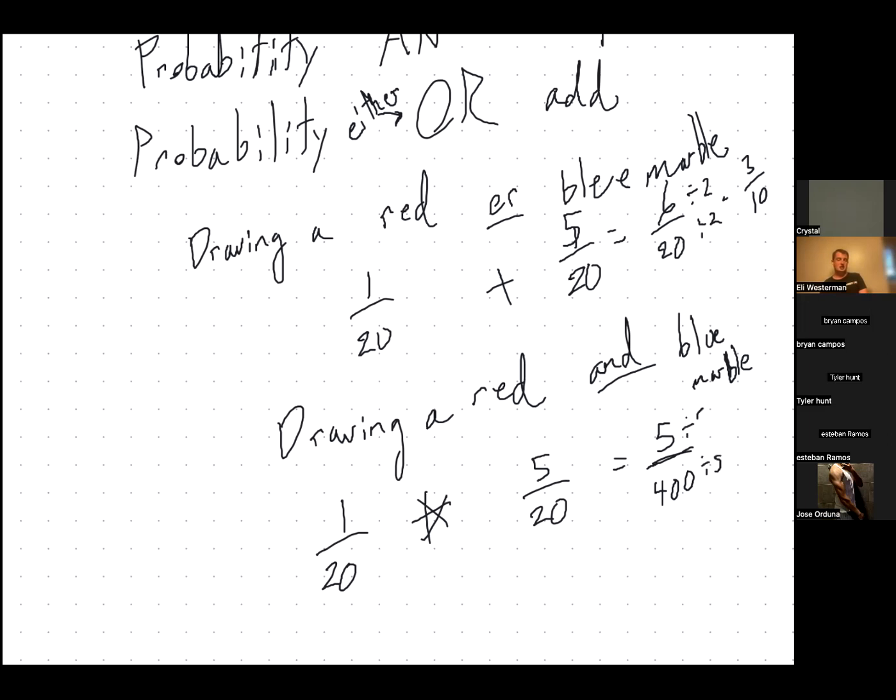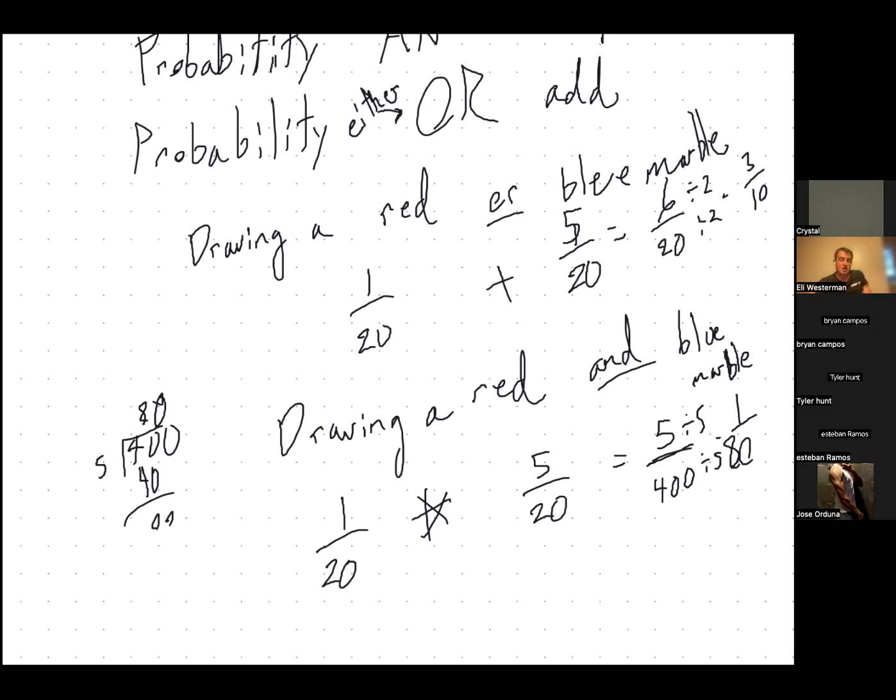And that's not easy to know what 400 divided by 5 is. Let's see. It's 80. So the probability of drawing a red marble and then drawing a blue marble is 1/80. That means it's not very likely at all.